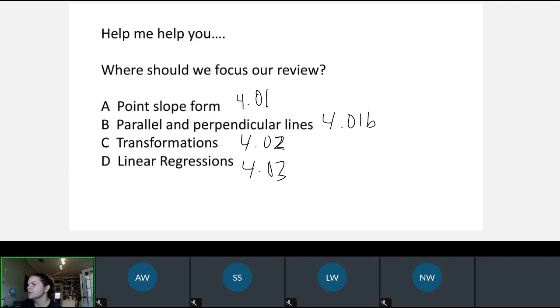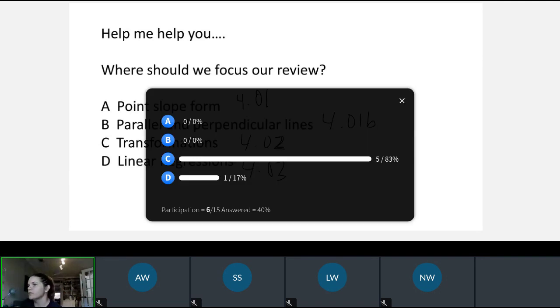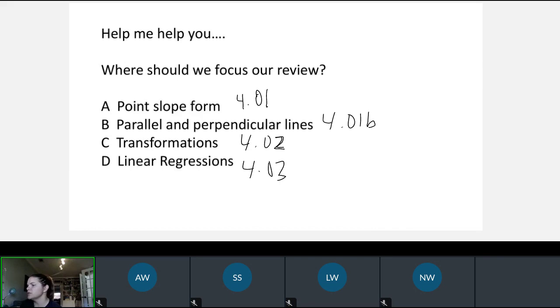All right, so it looks like almost everybody wants to work on transformations. So let's go ahead and start with transformations of functions.